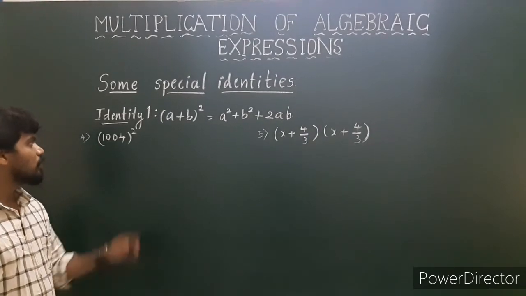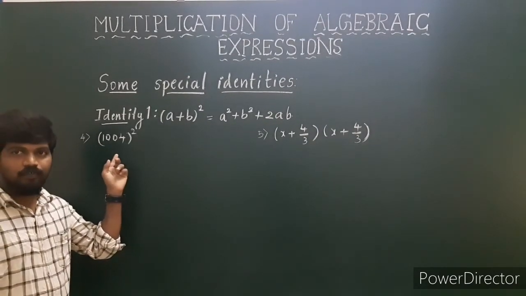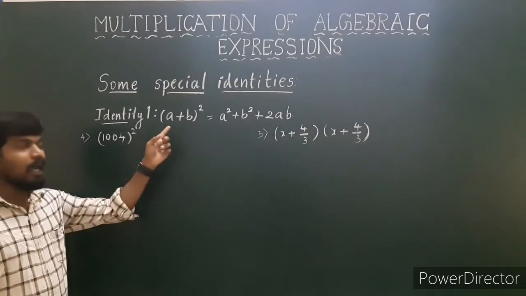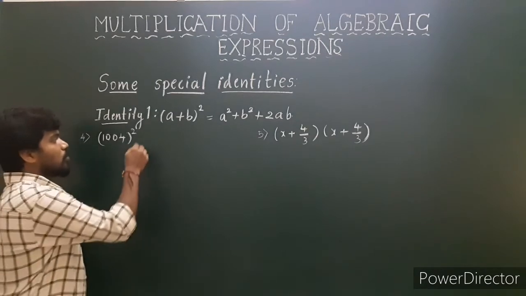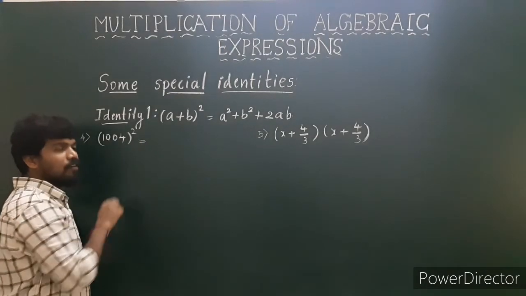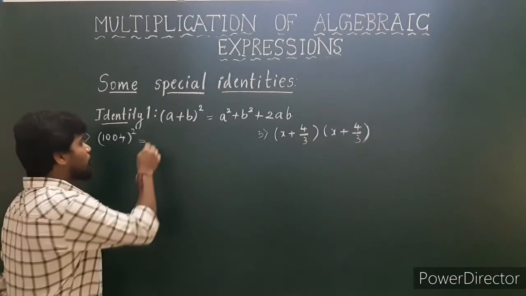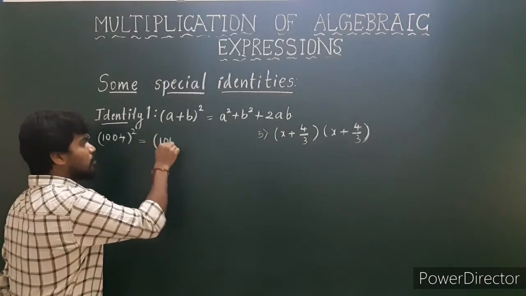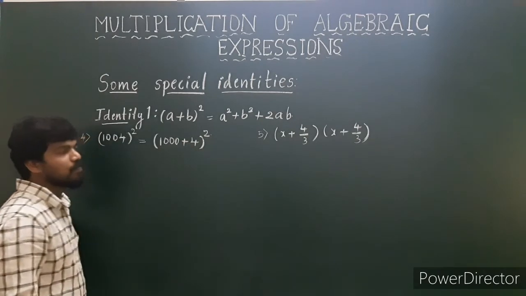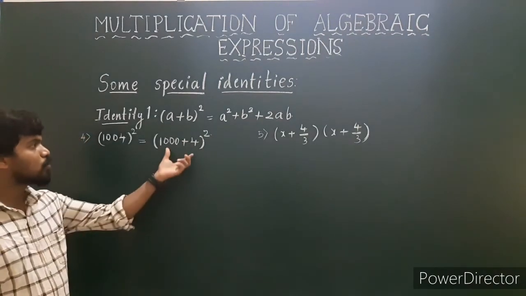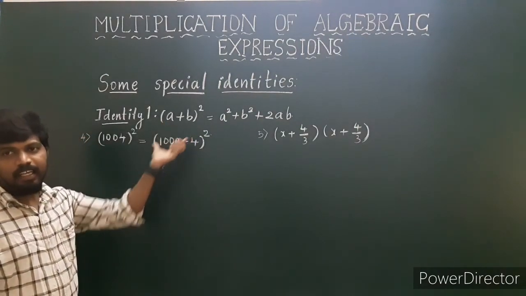Now we find the square of 1004 using (a plus b) whole square, a square plus b square plus 2ab. First, 1004 square is split like this: (1000 plus 4) whole square. Now it looks like the identity.